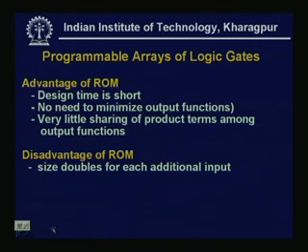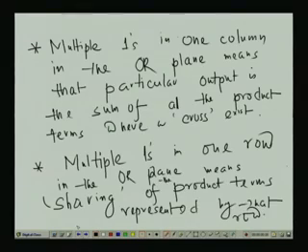So, what we have seen is that in the AND plane or the OR plane, that means PLAs or PALs, only those product terms which we need, or which exist in that set of particular expressions to be realized, are taken, depending on which the array size, the number of rows or number of columns, will be selected.